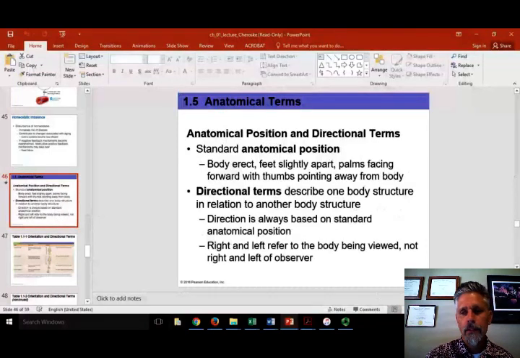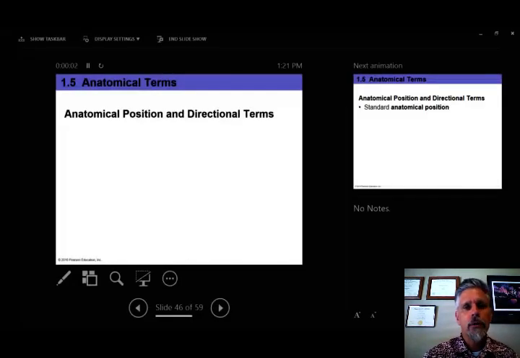Okay, so the second portion of this chapter continues on, and we learn some of the language of anatomy and physiology: anatomical position and directional terms. One way to imagine how this is relevant is that it is a language, both a spoken language and a written language.